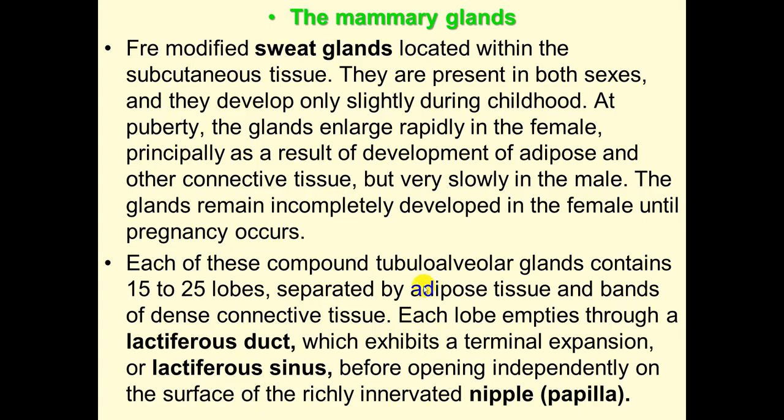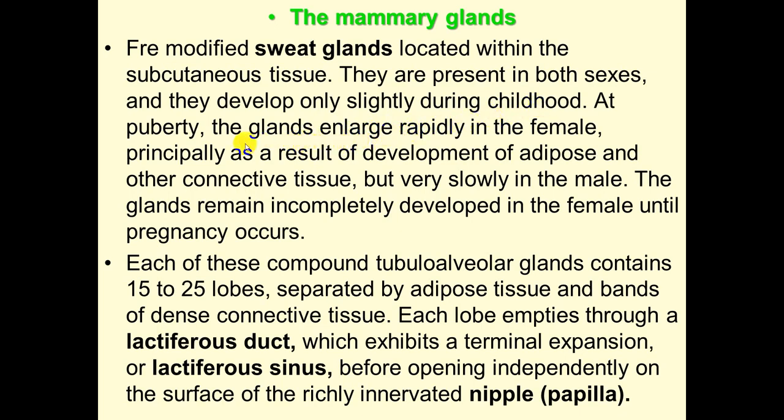And now some words about mammary glands. Mammary glands are modified sweat glands of the skin. They are present in both sexes, but well developed only in the female organism. In both sexes, they are slightly developed during childhood.